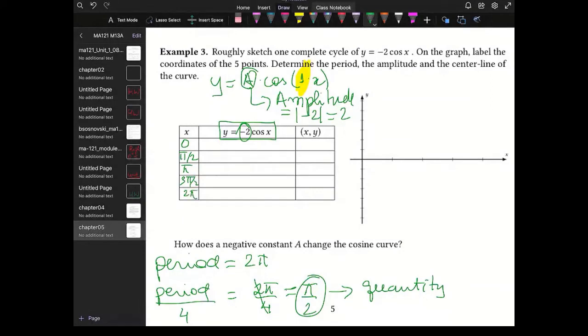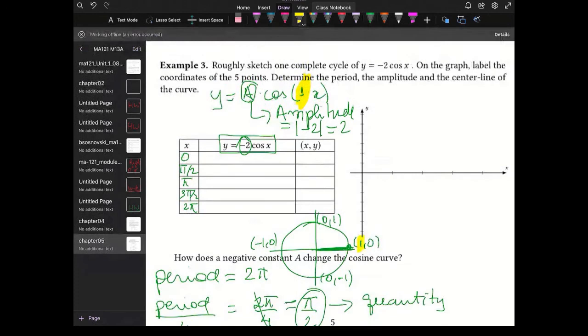And using the unit circle, so let me squeeze the unit circle down here. The cosine function depends on the x value of the points on the terminal side. So the x value for 0 radians is 1. So meaning cosine of 0 radians is 1. So my y value right here is -2 times the cosine of 0.